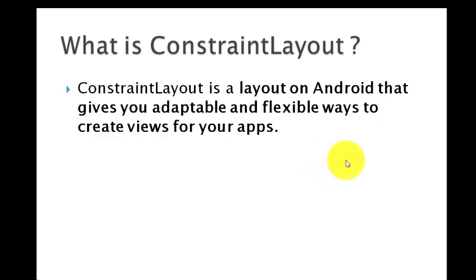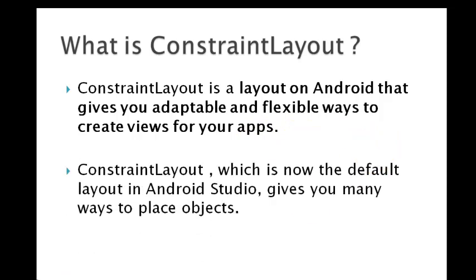Constraint layout is a layout on Android that gives you an adaptable and flexible way to create a view for your applications. In constraint layout, we can arrange the components according to our specification. We have to specify only the 4 constraints that we will see in the code.